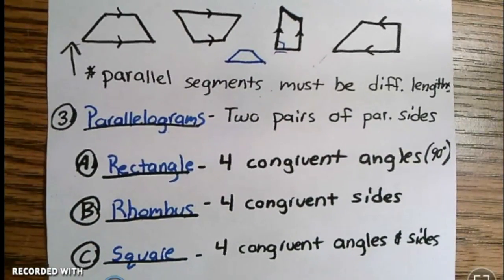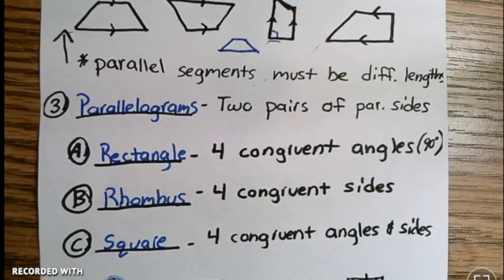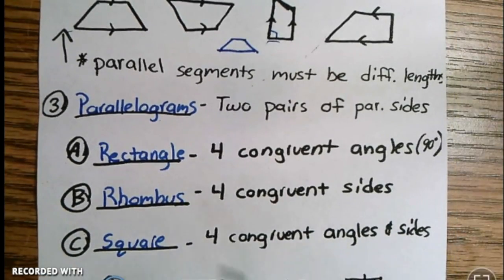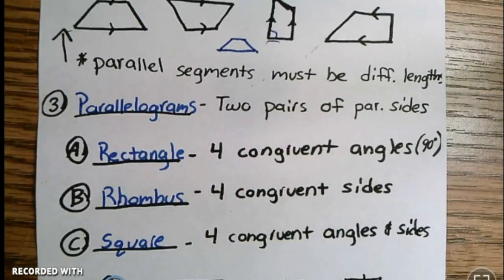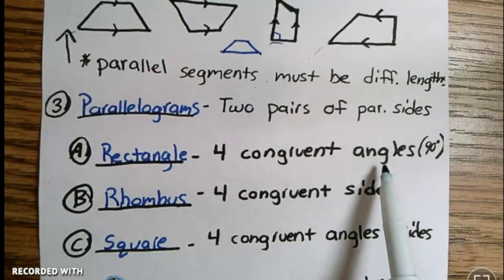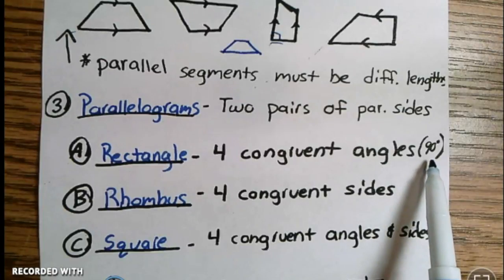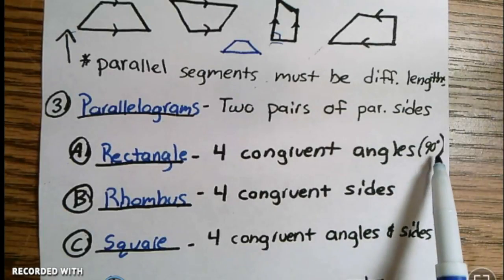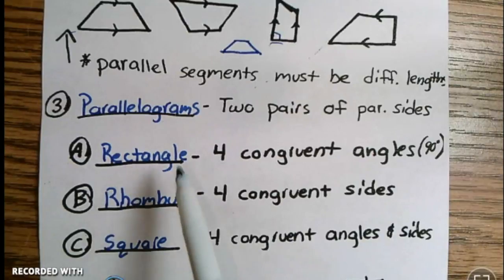Parallelograms are the third type of quadrilateral, and parallelograms have two pairs of parallel sides, not just one. And there are different types of parallelograms. If a parallelogram has four congruent angles, they would all have to be 90 degrees. And if it does have that, then we call it a rectangle.